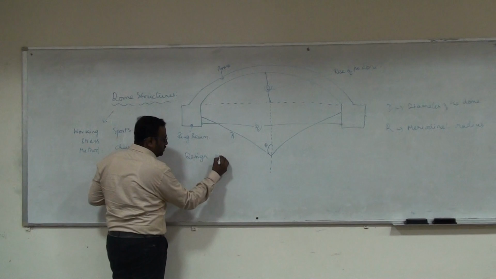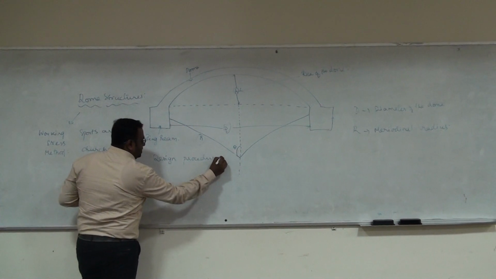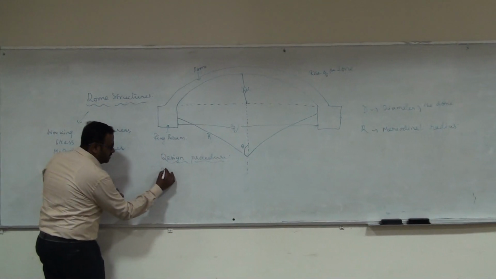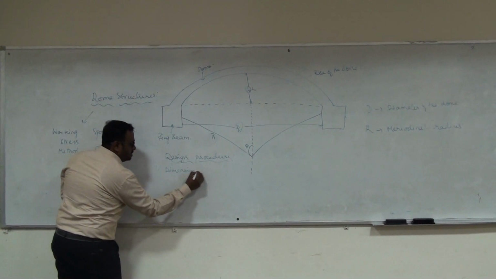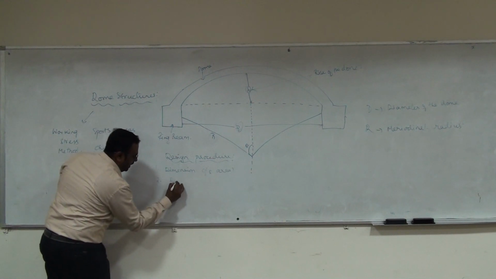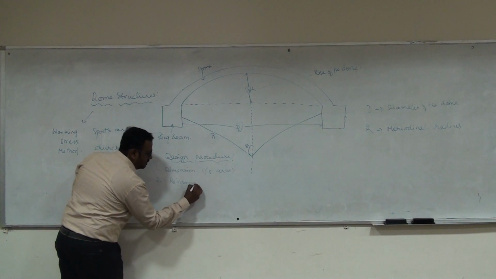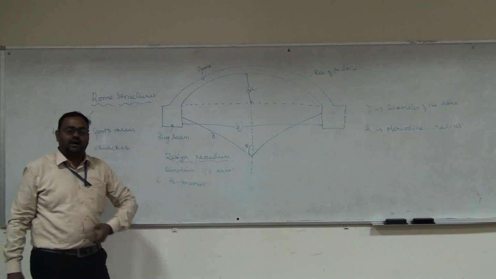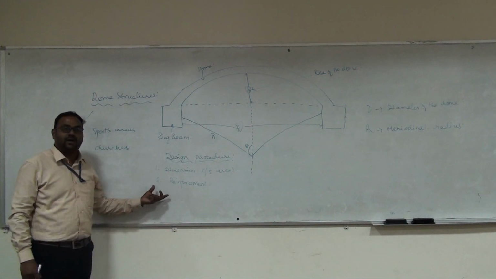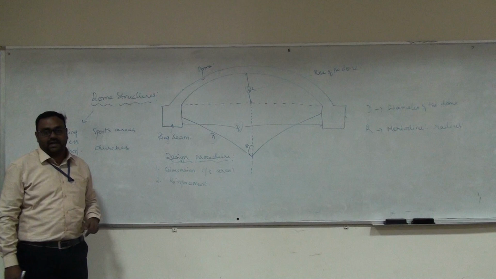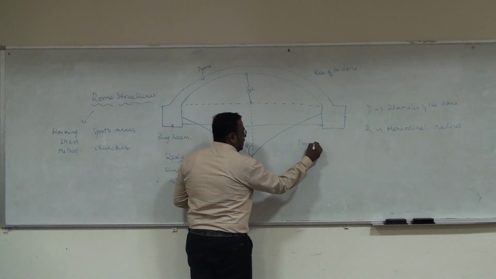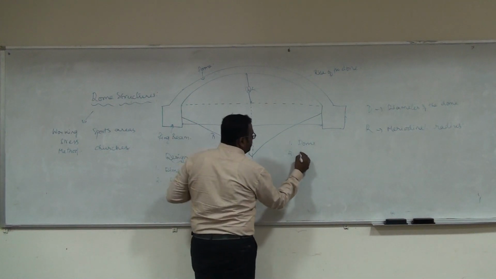Coming to the design procedure, generally we know that design means we want dimensions, in the sense cross-sectional areas, and reinforcement details. Reinforcement in the sense what diameter we are going to provide, and what spacing we are going to provide for the circular tank. Especially here, we want to design first the dome and second the ring beam.